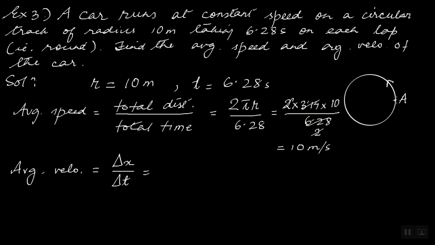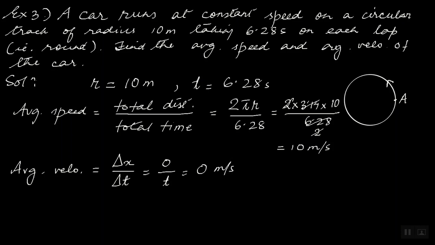So here the body is going from A, going back to A. Its initial position is A, its final position is A. So what is the length from A to A? That will be 0. Yes or no? So its displacement is 0. And the time interval here, let's call it t. So this will be 0 meter per second.